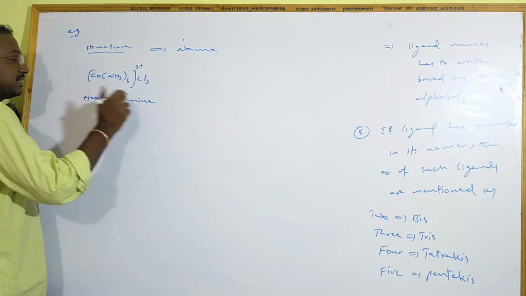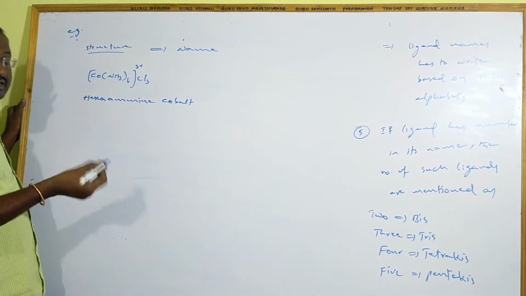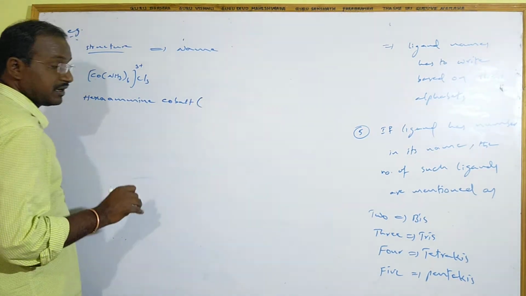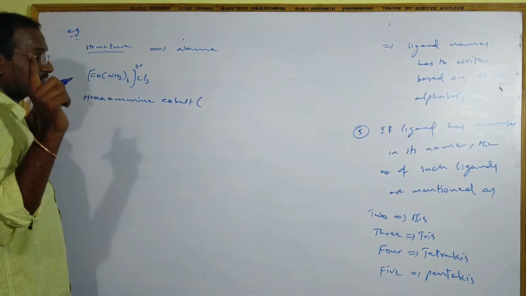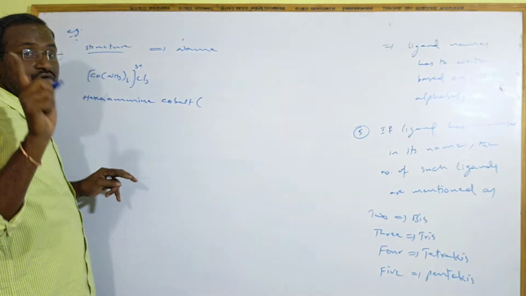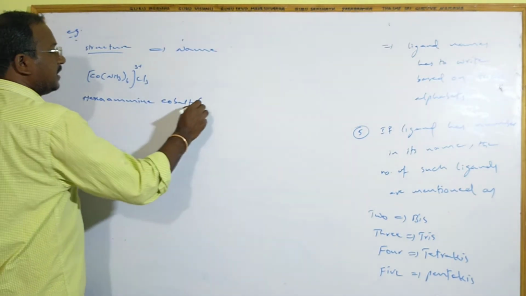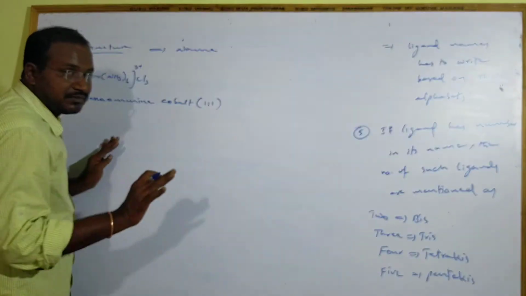After that, the central metal ion. What is the central metal here? Cobalt. After writing the central metal ion, the next rule in IUPAC is the oxidation state in Roman numerals, written in parentheses. In one video, I have shown how to calculate oxidation state, please see that. Here its oxidation state is +3, so I wrote the Roman numeral III. The complex cation is completed.